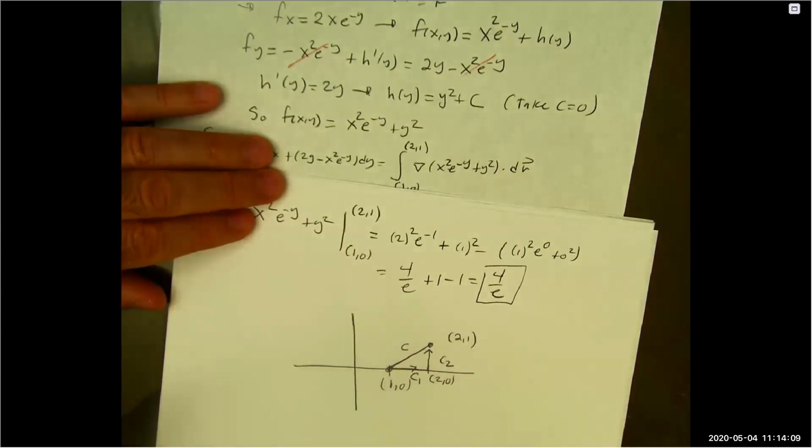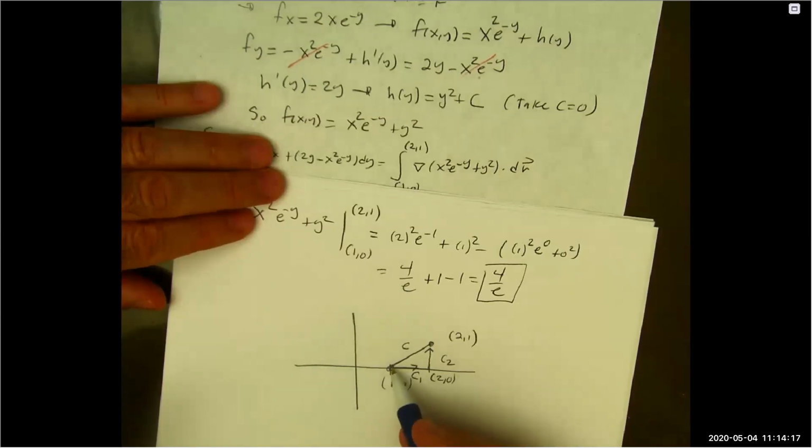And so it doesn't matter which path I pick because the integral is independent of path. That means that I should get the same answer if I parameterize for this curve or I parameterize for this one followed by that one. So remember that a path is a piecewise smooth curve. So even though this isn't smooth, it's piecewise smooth. So the pieces are smooth.